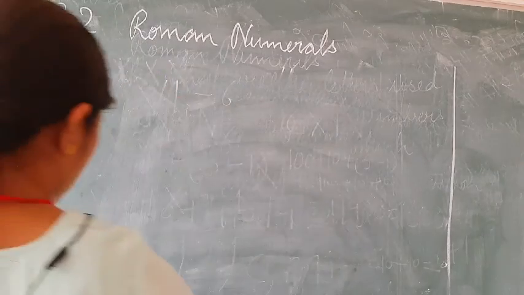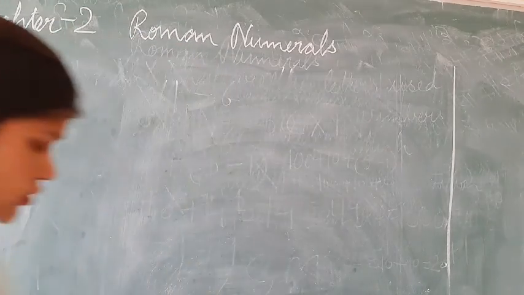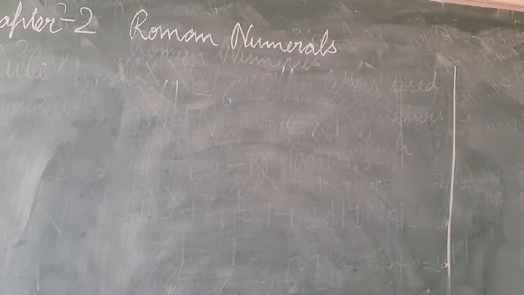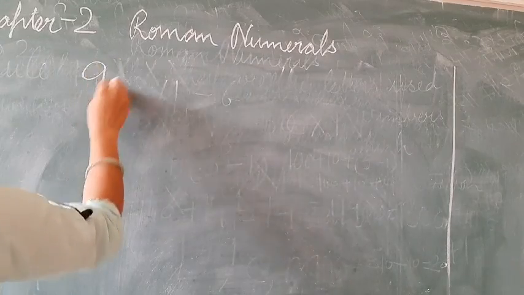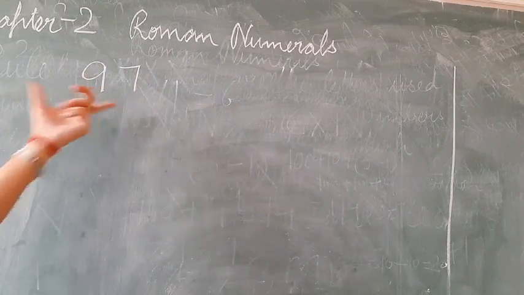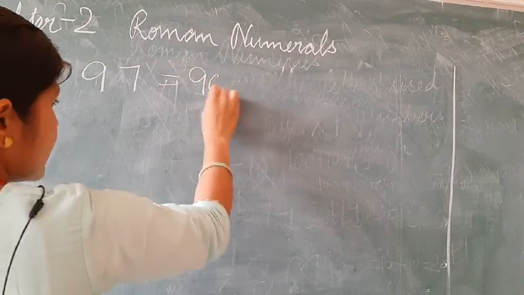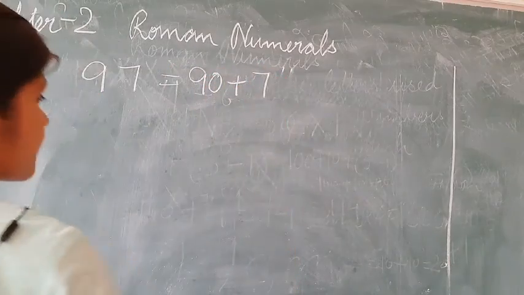Now we will do some questions related to these rules. Our first question, we have to write 97 in numerals. 97 is 90 plus 7.